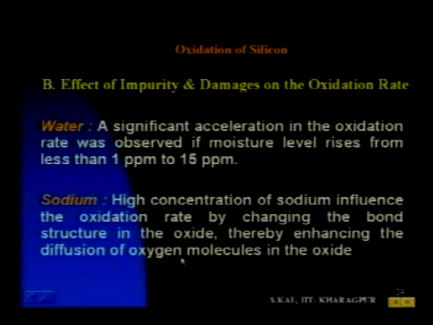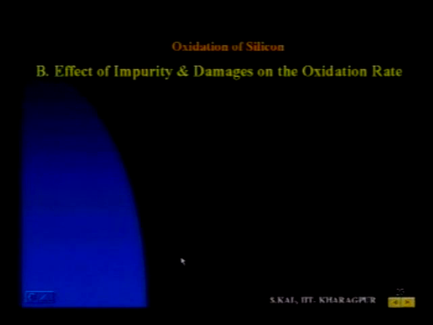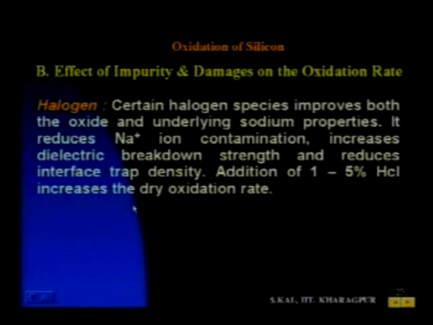Next, halogen. We discussed water molecules, sodium, then halogen molecules. And among halogens, we are mainly concerned here with the chlorine atom. Certain halogen species improve both the oxide and underlying silicon properties.